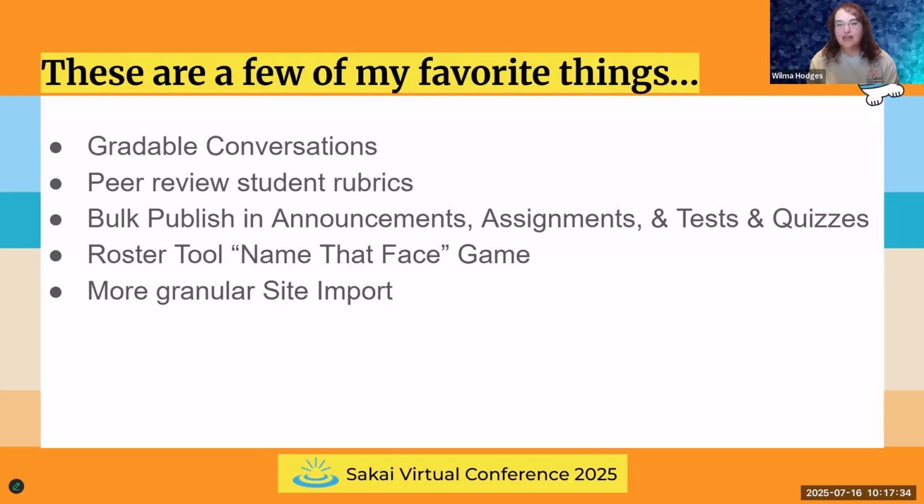Another cool thing is the peer review student rubrics. Rubrics have been around for a while in Sakai, but they were really only for the instructor. If you had a peer review assignment where students are reviewing each other, there's a really nice workflow in assignments for doing those peer evaluations, but you couldn't have them use the same rubrics that the instructors use because it wasn't in that part of the evaluation form.